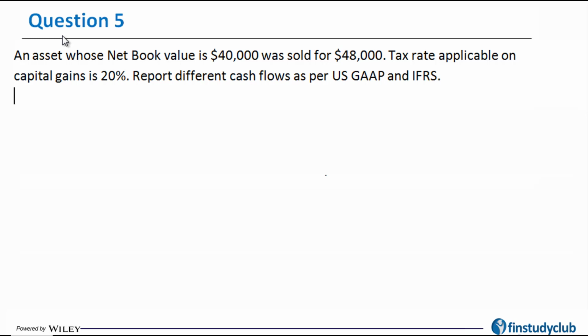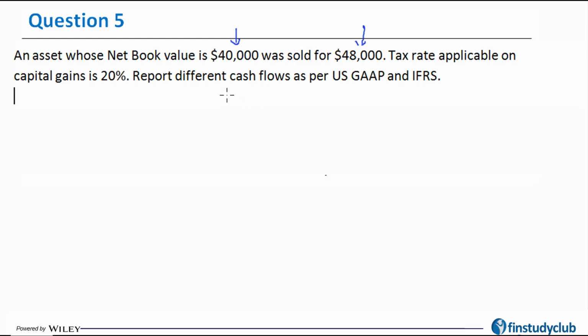So let's come to question number 5, which is from long-lived assets. And actually it's a combination of long-lived asset and cash flows. So the question says, an asset whose net book value is $40,000 was sold for $48,000. The tax rate applicable on capital gains is 20%.